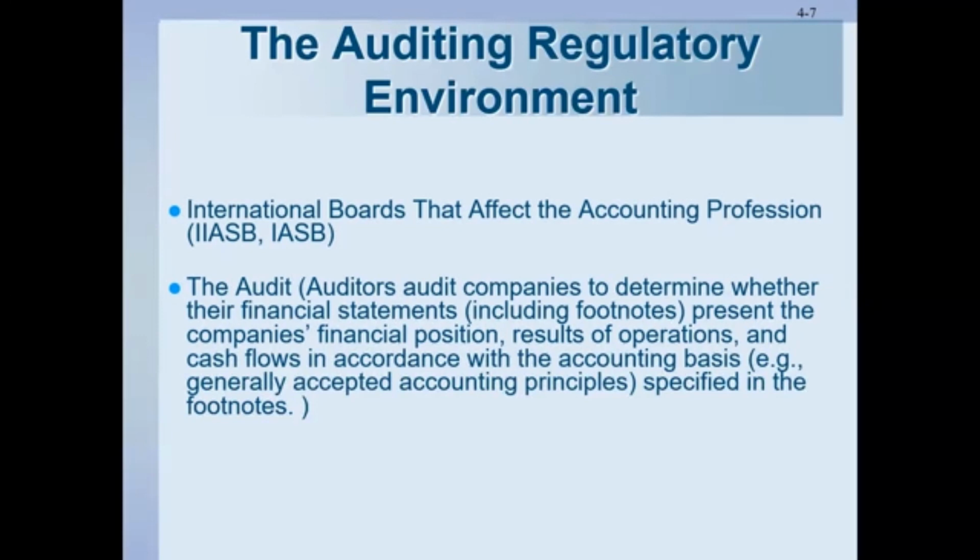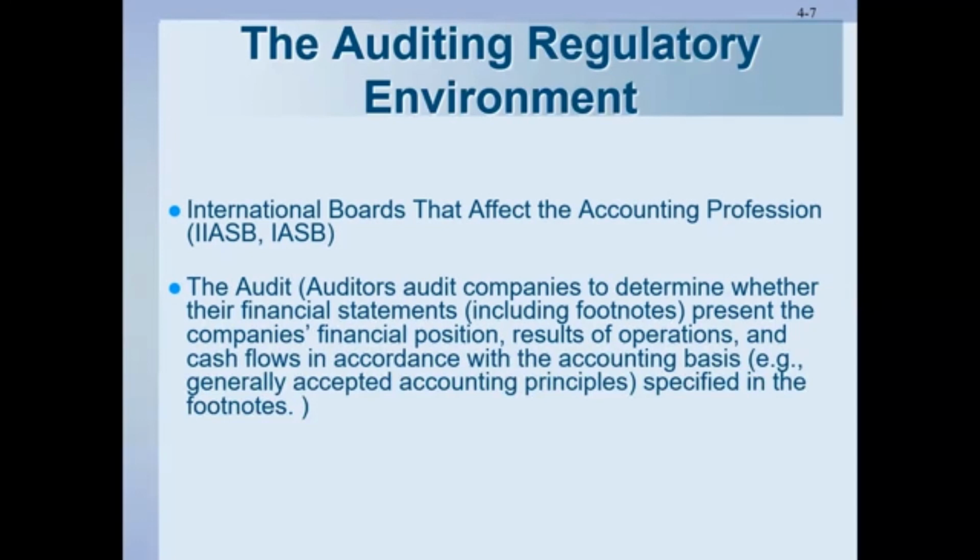The International Auditing and Assurance Standards Board, or the IAASB, has as one of its objectives to enhance the quality and uniformity of practice throughout the world. It issues international standards of auditing, the ISAs, and practice statements that provide interpretations of ISAs and other assurance pronouncements.